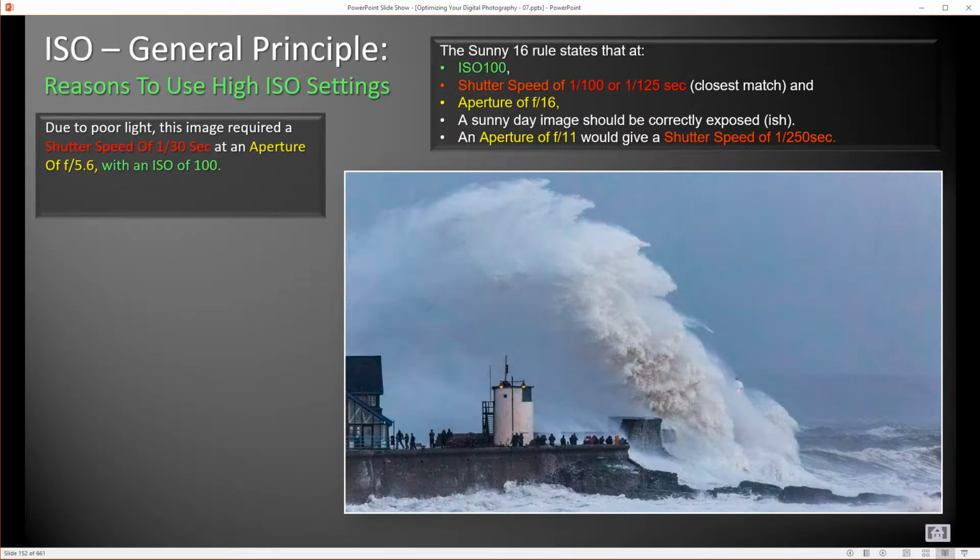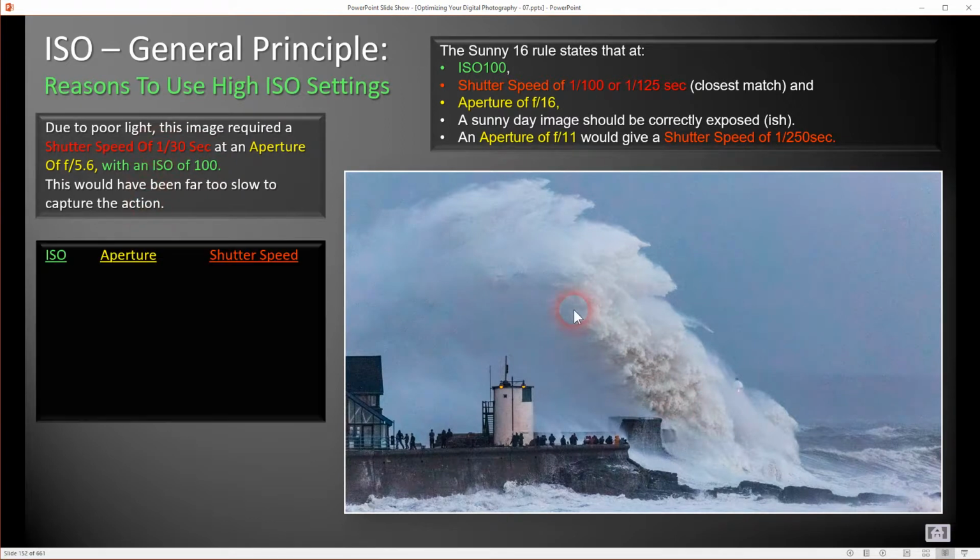Now, due to poor lighting, this required a different exposure. It wasn't the Sunny 16 rule, but say it came out at an exposure of 1/30th of a second at an aperture of f5.6, ISO 100. Now this is too slow a shutter speed for this sort of action.